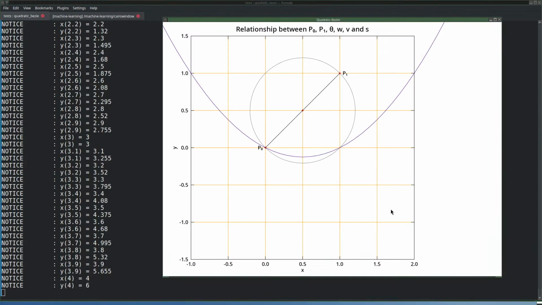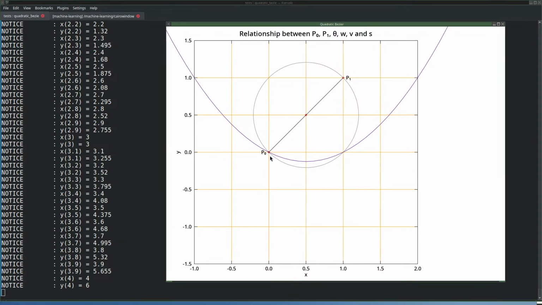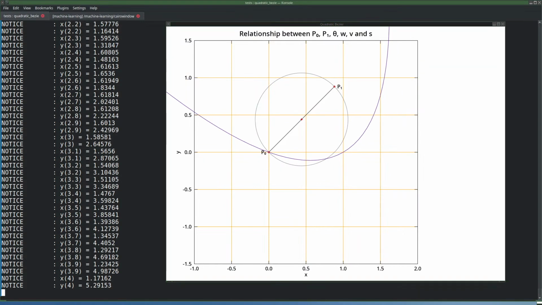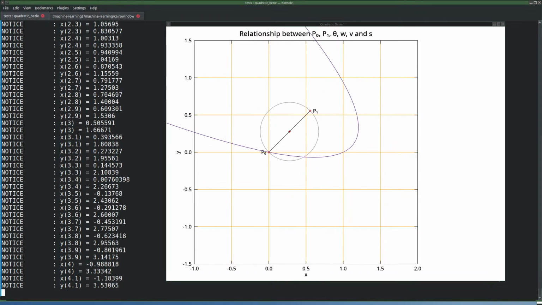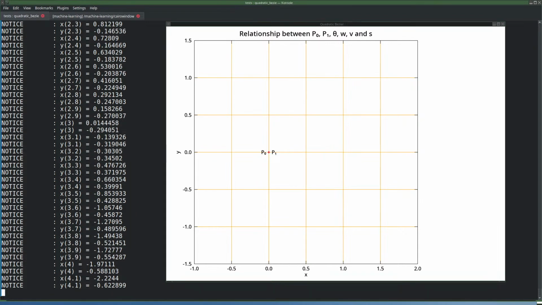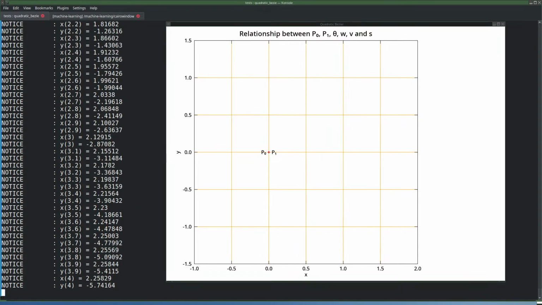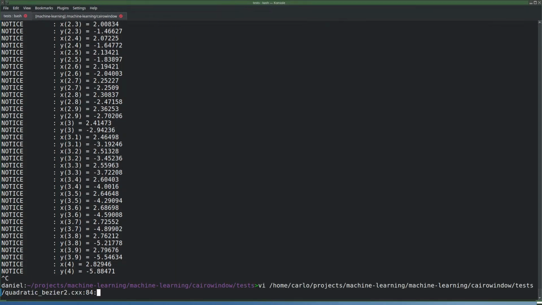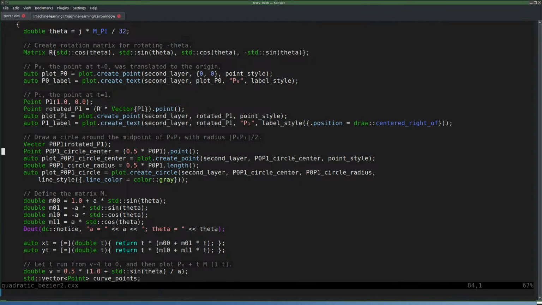Then we run this and we see a rotated P0, P1. That seems to have worked, except that I thought my theta started at 0. What the hell is going on? What? It's almost funny.